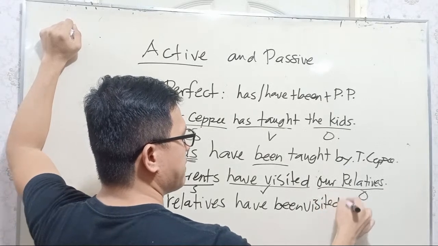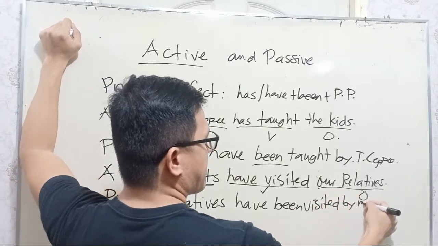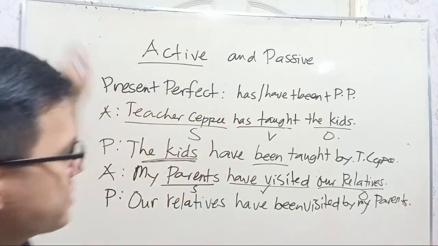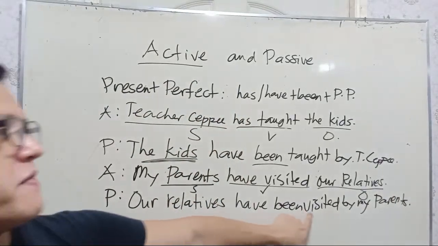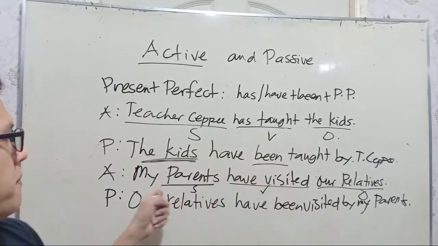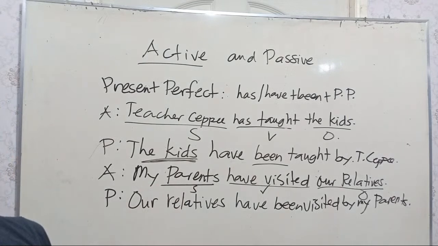Have been visited by my parents. So we say, our relatives have been visited by my parents. That's how we do the present perfect tense for the passive form. Okay. Next.